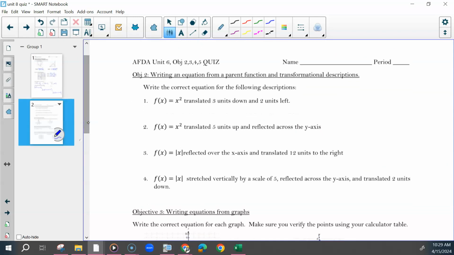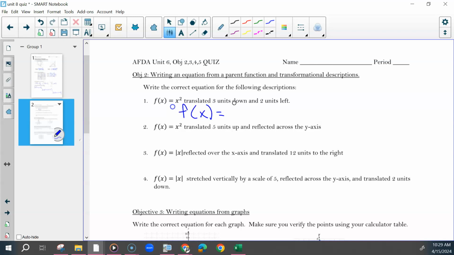Okay, remember that objective 2 and 3 and 4 are all connected. So maybe you aren't understanding something in objective 2 or 3, look at 4 or vice versa. These should all help you do the same thing. So to write the equation, you need whatever function is given. You need the f of x out front. So f of x equals.